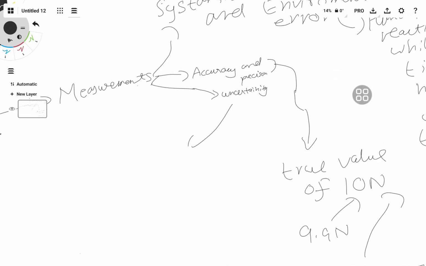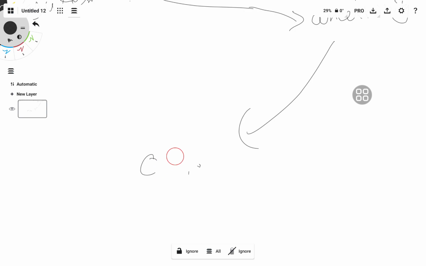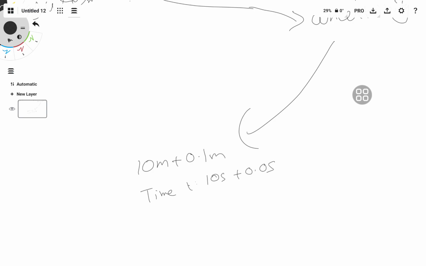So we have some formulas we have to use, like uncertainty. Let's say we have 10 meter as the true value plus uncertainty of 0.1 meter, and time t true value of 10 seconds plus 0.05 seconds.